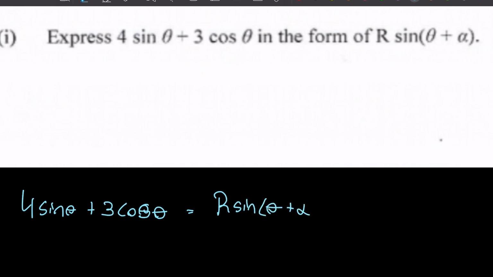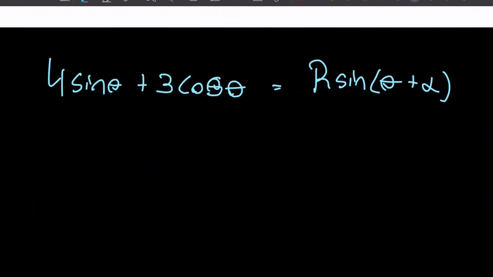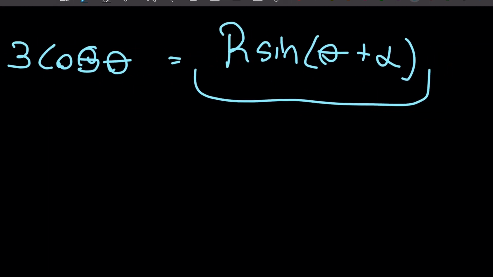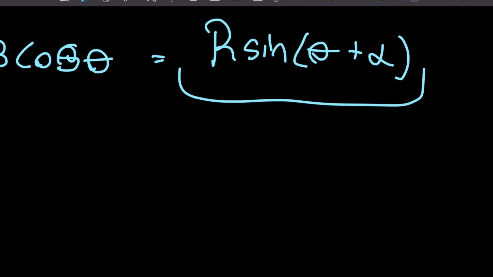Okay, so what do we do now? Immediately, you should always just expand these now. It should start to become intuitive now. So r times (sine theta cos alpha plus cos theta sine alpha).